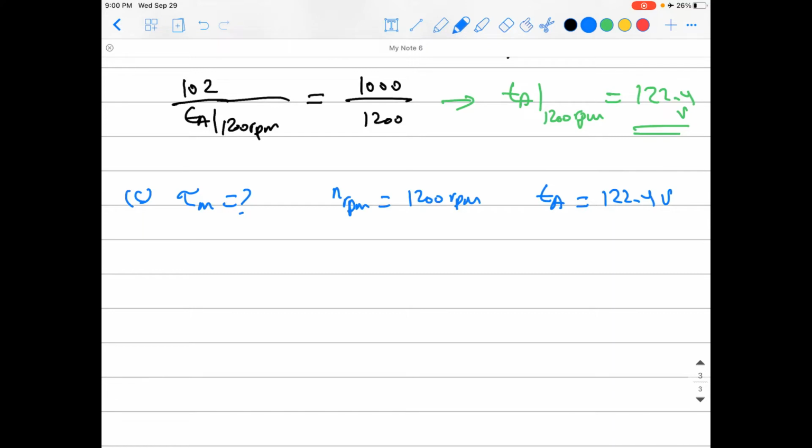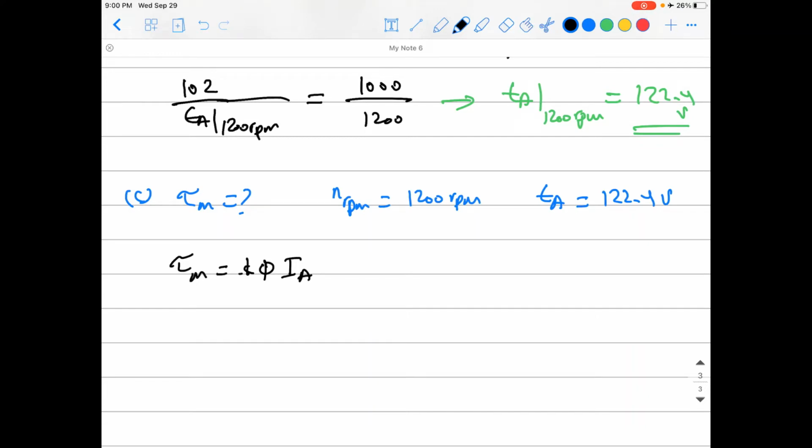So here's the point. How to find this torque. What equations do we have for the torque? The torque equals K phi times IA. That's an equation we can use.